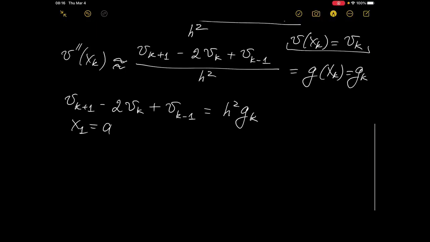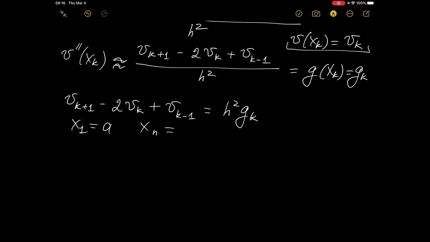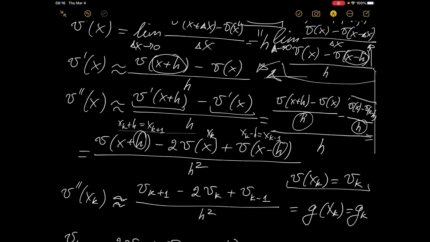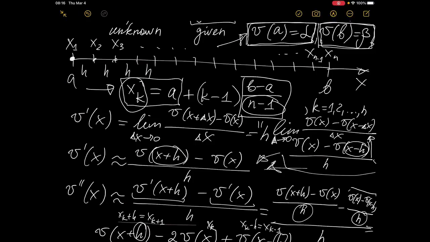And correspondingly, if I take k equal to n, I have b. So then it means that v1 is alpha and vn is beta, according to the boundary conditions which are given.